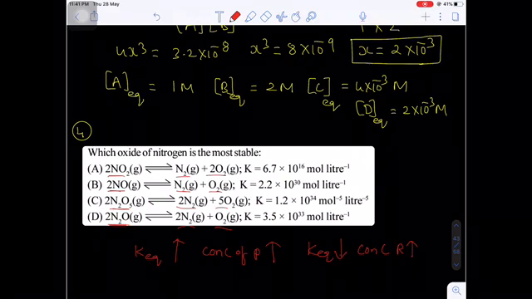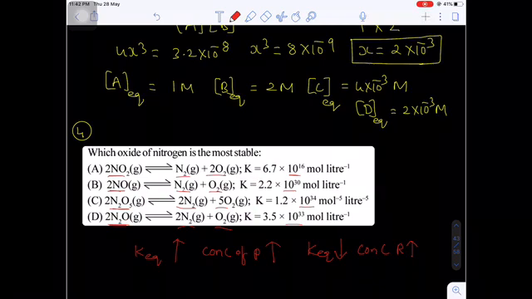Now in the 4 options, where will the K equilibrium be small? First option 10 raised to 16 and 10 raised to 30, second option 10 raised to 34 and 10 raised to 33. Among the 4 options, 10 raised to 16 is the lowest value.